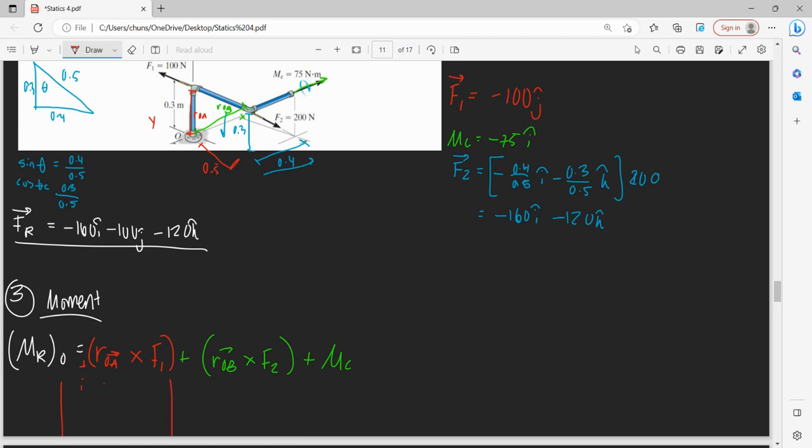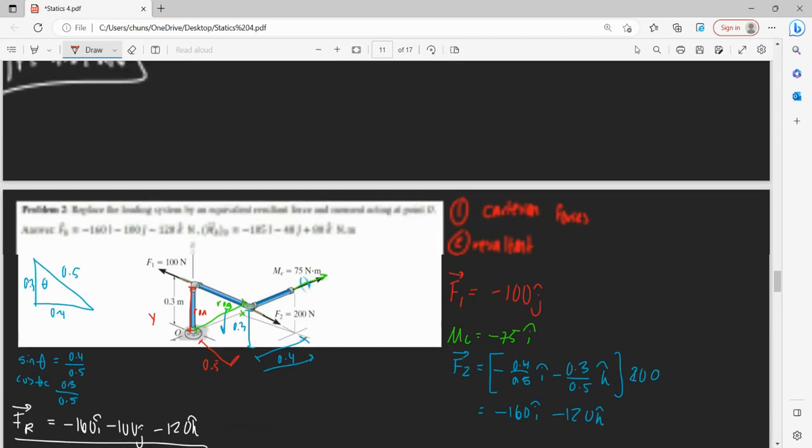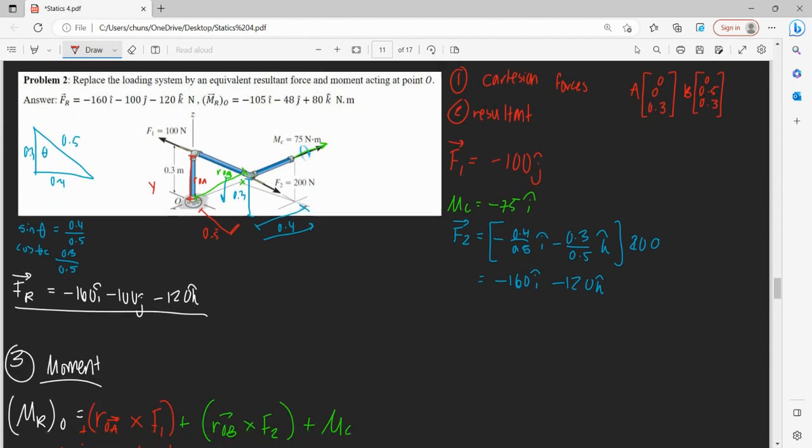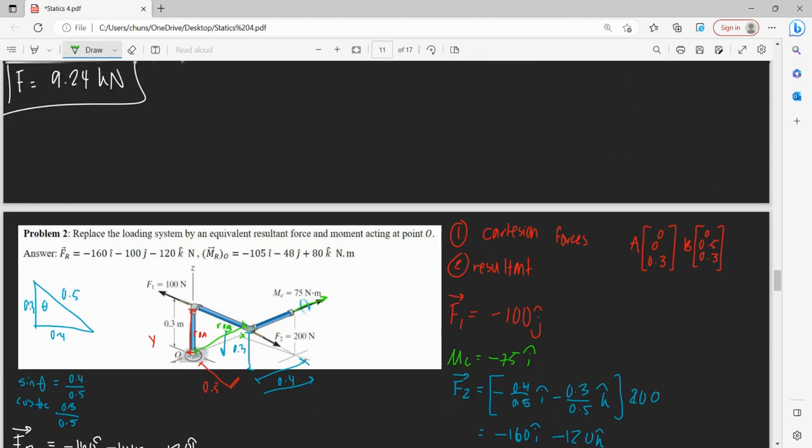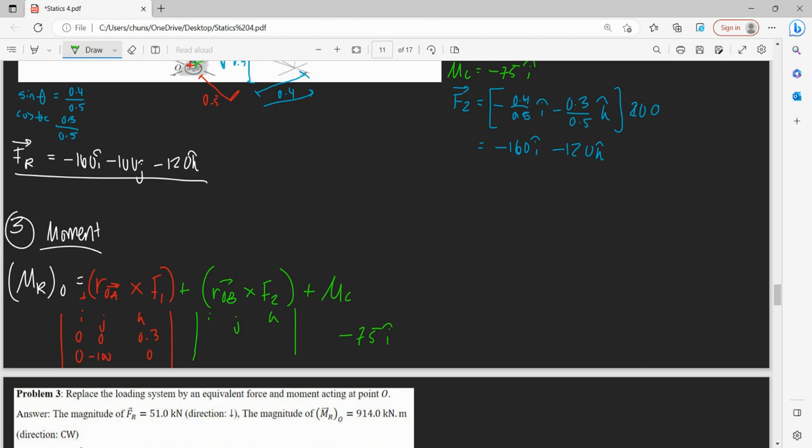So, given that knowledge, we'll have I, J, K, then our OA is just 0.3 K, then our F1 is negative 100 J, then for our second one, this is 0.5 and 0.3.